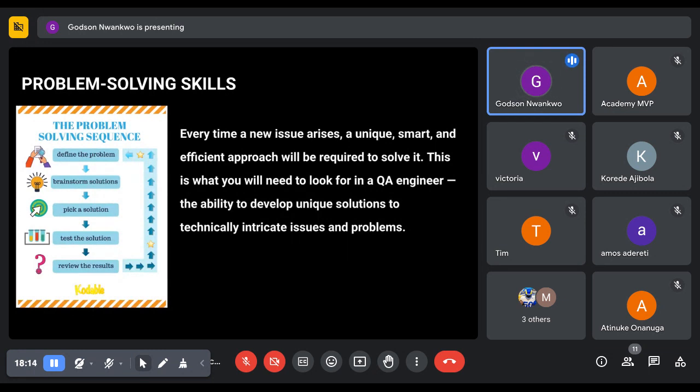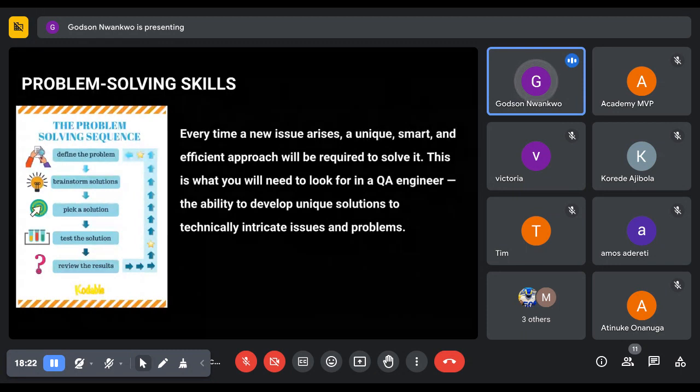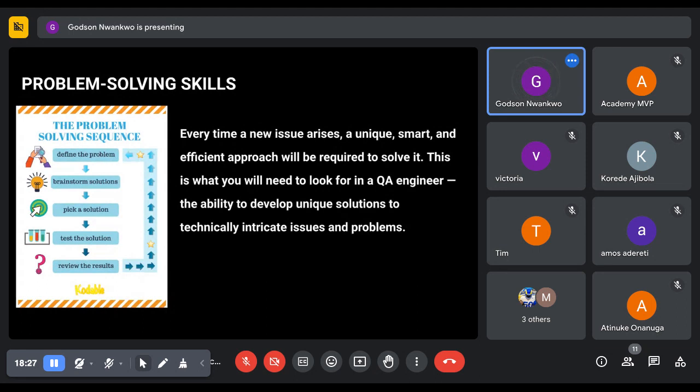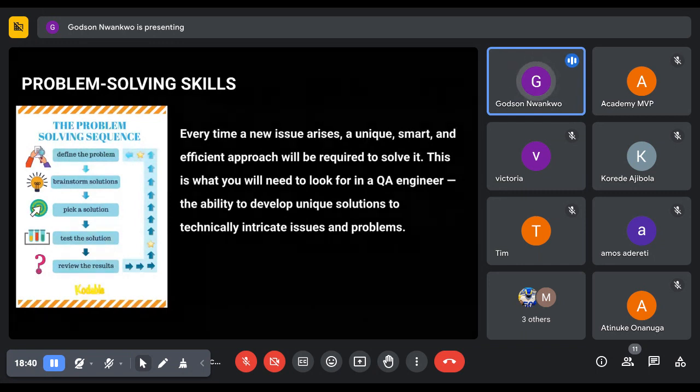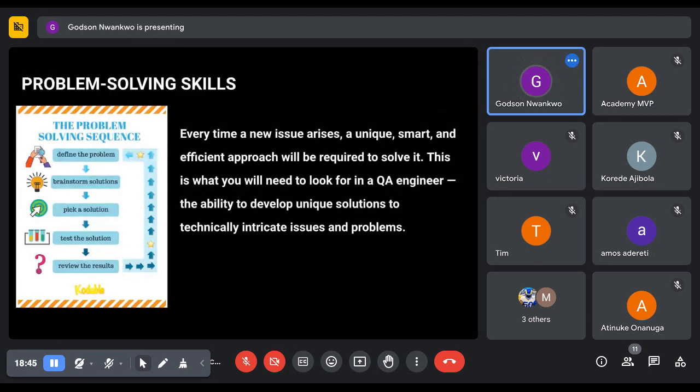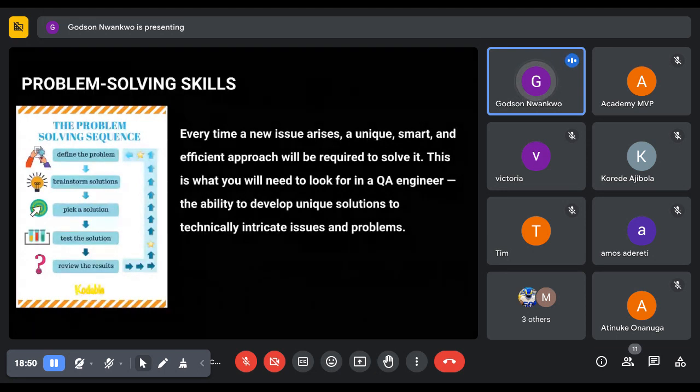After the QA has implemented it and seen how it went, there has to be a review from the stakeholders. Okay, this is the outcome of the implementation we did. So after they have reviewed the outcome or the result of it, the phase starts all over fresh.